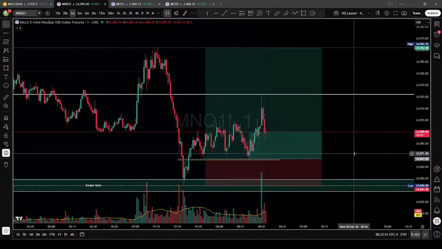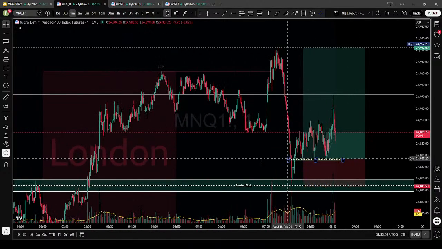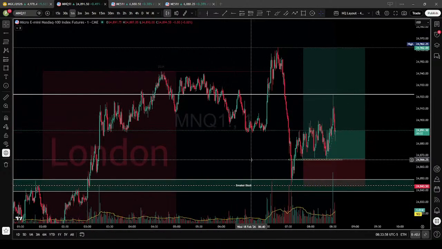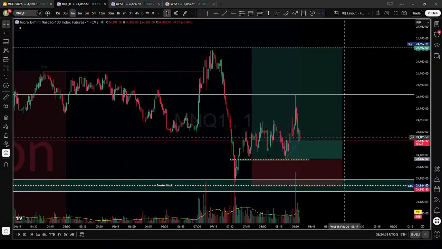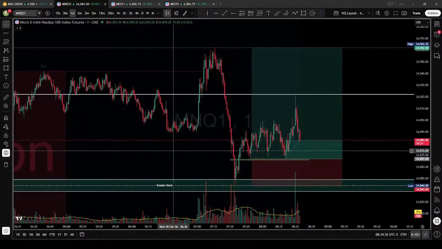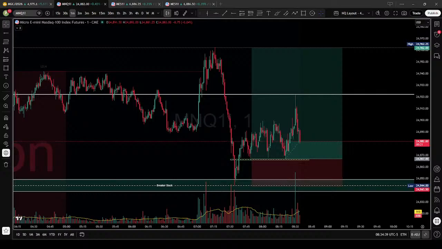Another pre-market session where it is not trading as expected. Let the price play out by itself.